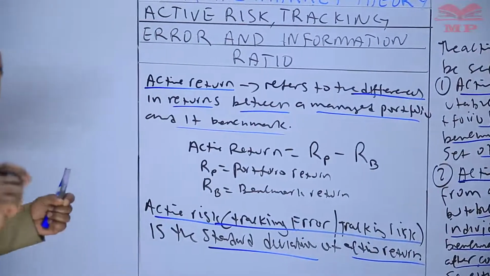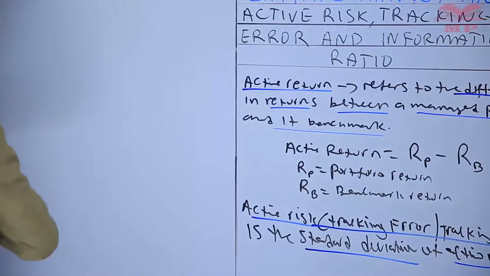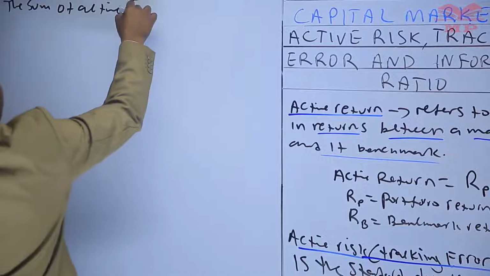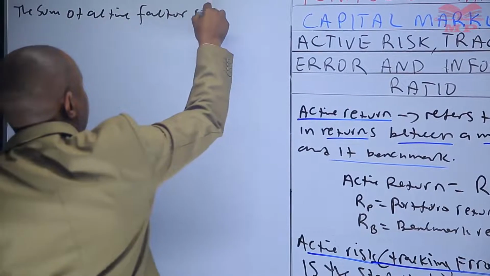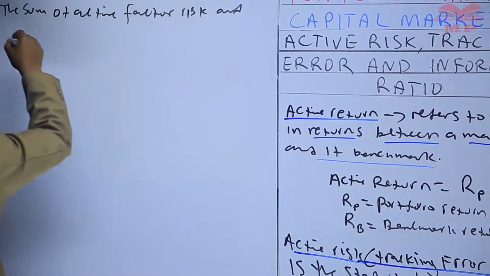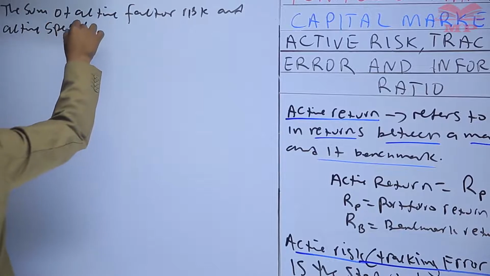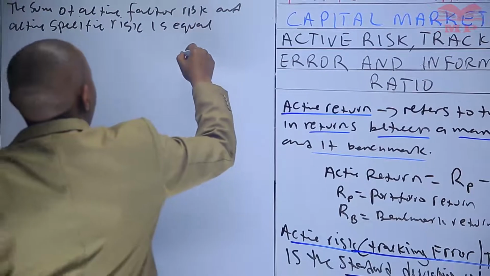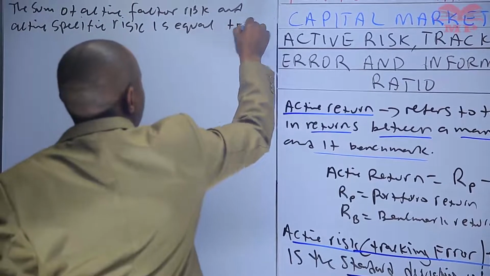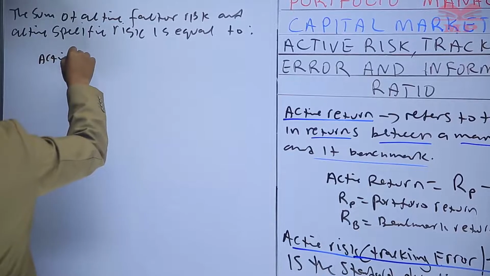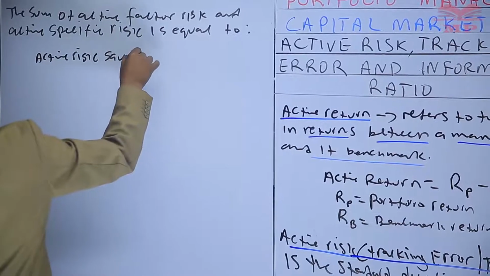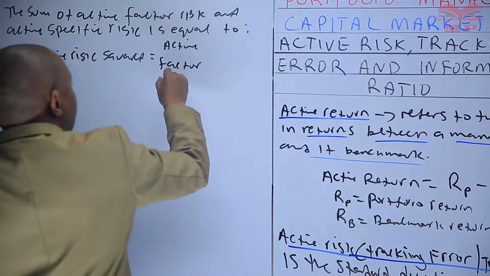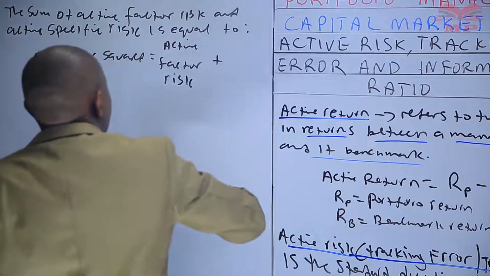The sum of active factor risk and active specific risk is equal to active risk squared.